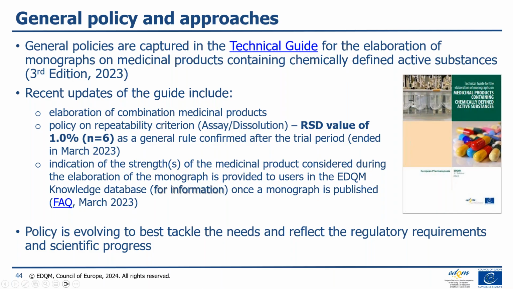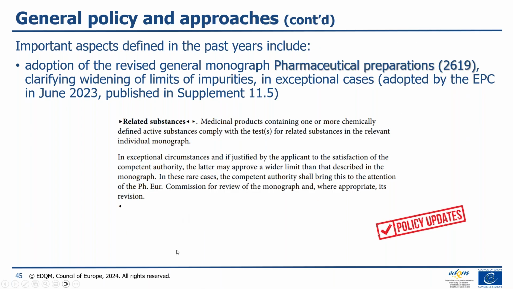So the important aspects were defined in the past years, as said, to define our policies. And the most recent was the adoption of the revised general monograph on pharmaceutical preparations 2619 to clarify widening the limits for total of impurities in exceptional cases. This was adopted by the European Pharmacopoeia Commission in June last year, and it's published in Supplement 11.5.